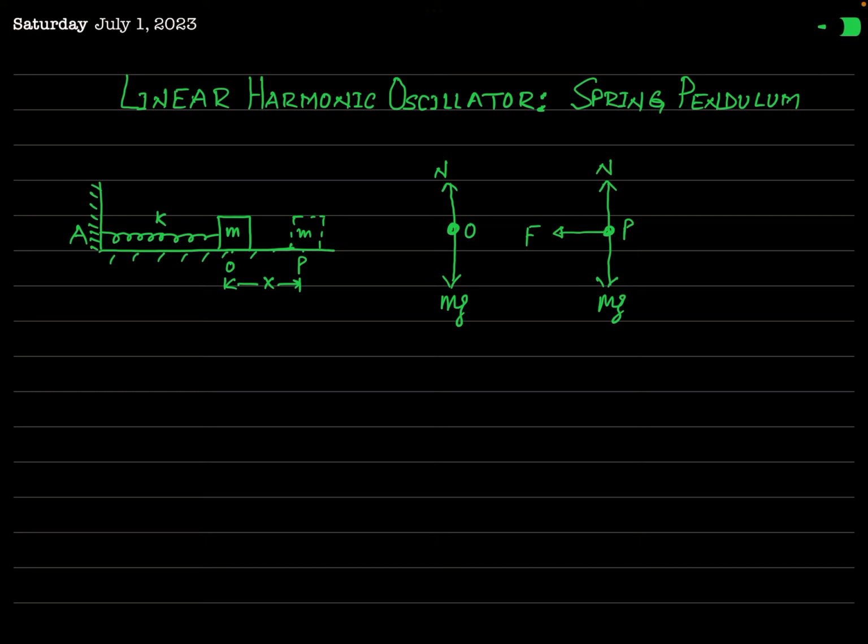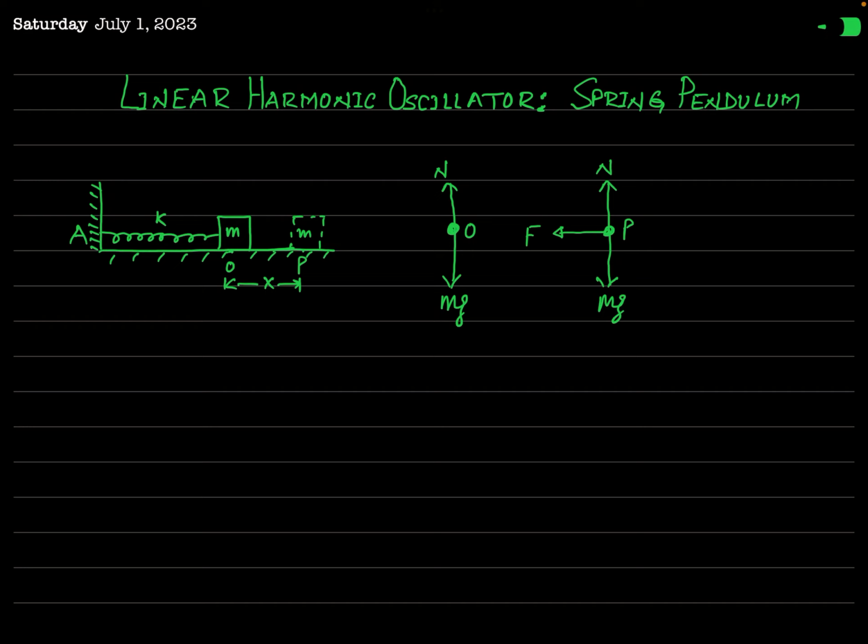Now when the spring is neither stretched nor compressed, that is, the spring is at its natural length, then no restoring force or spring force is developed. In this condition the block is at the point O, and the forces acting on the block you can see in this free body diagram.